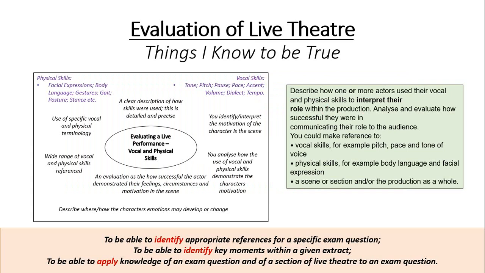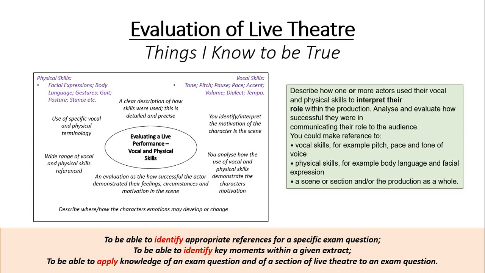Okay, wonderful. So now, welcome back. You have got, in the purple in my map, you can see that I've got my physical skills and my vocal skills. Yes, we need to have a really good understanding of what they are. A mark in the exam criteria is always bringing you back to theatrical terminology. So when we are describing, and if you are looking carefully, a clear description of how skills were used, that is detailed and precise.